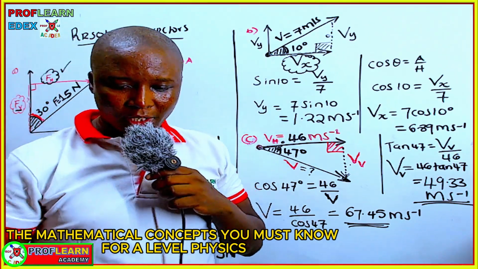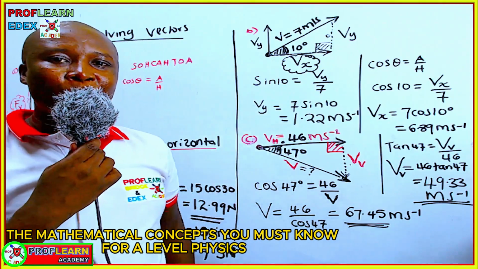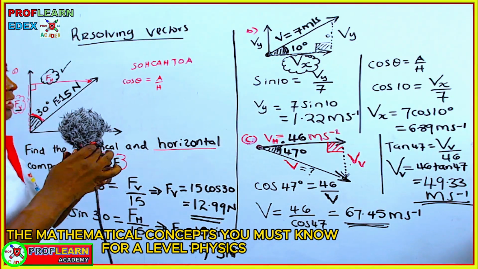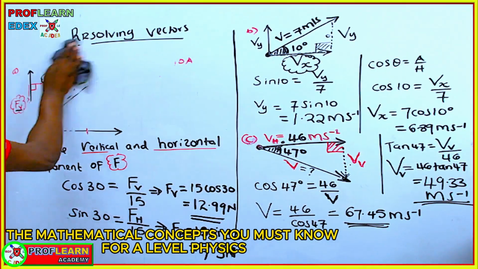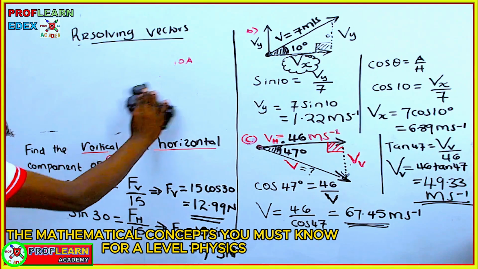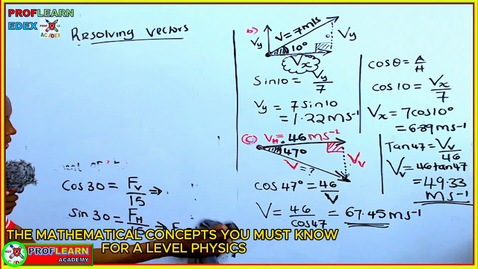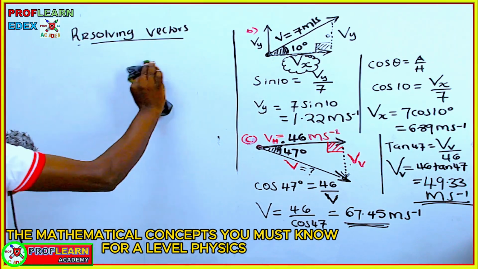So once we have done this, I need now to show you where we are going to use this. Why are we doing all these resolving vectors? So that at least you have an idea how questions are going to be asked. We have done resolving vectors. Now I'll give you an example where you are going to apply this knowledge.